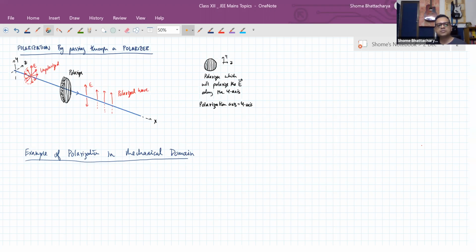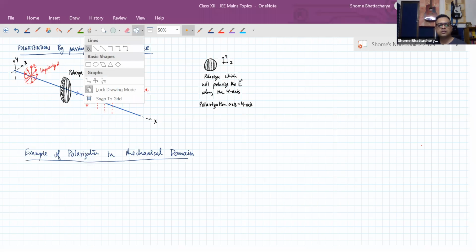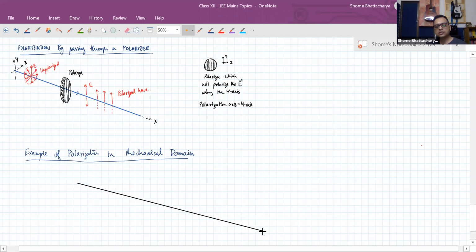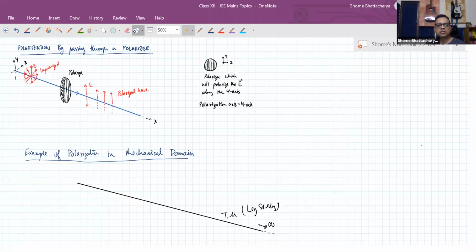Okay. So this time, this is a very long string which is going to infinity on this side, with tension T and linear mass density. But somewhere in between, we have placed, let's say, two vertical rods like this.